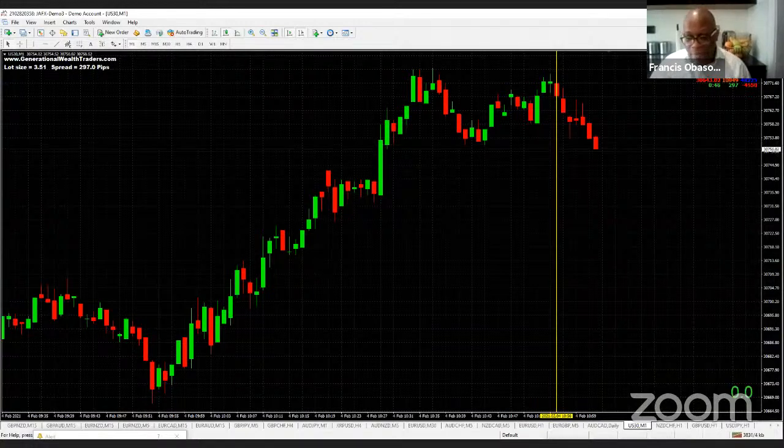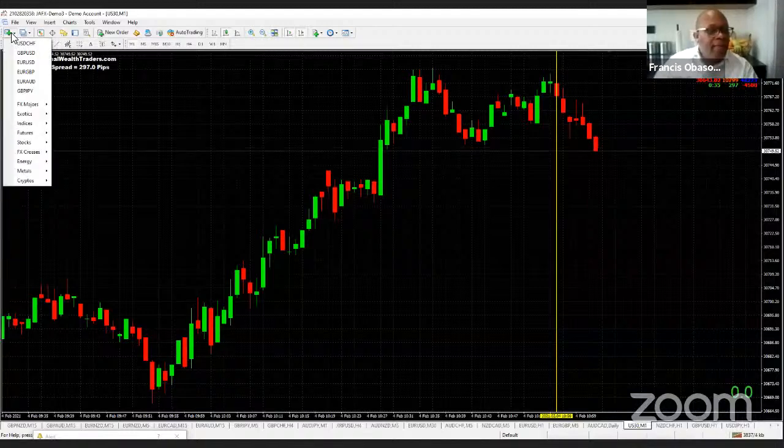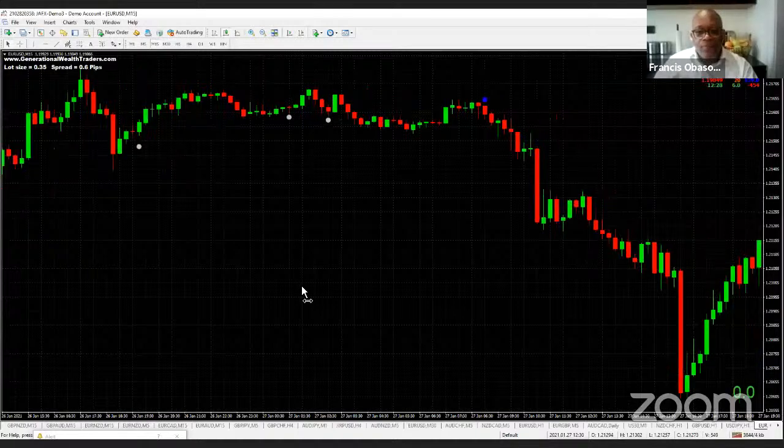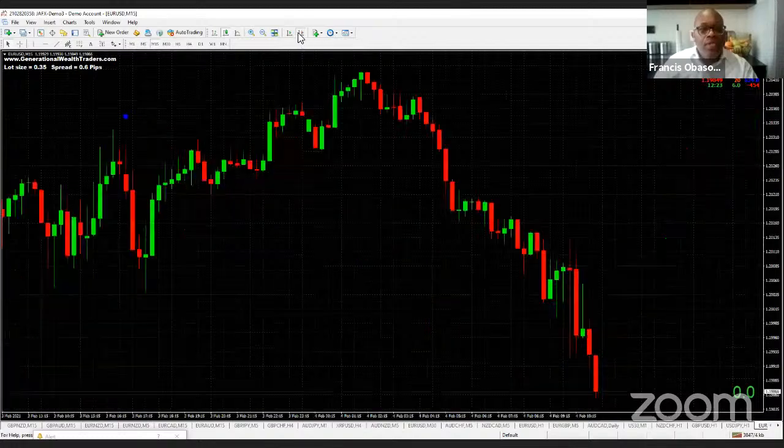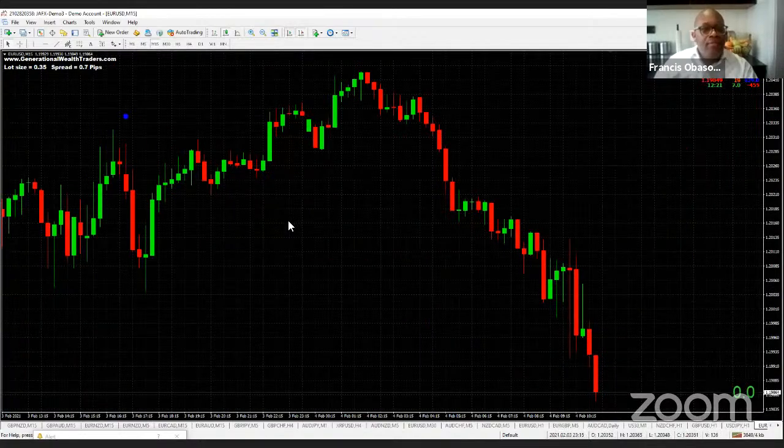So what I am going to be doing now is to pull up one other pair, a very popular pair, the most traded currency pair out there, which is the Euro USD. The Euro USD, that is the euro against the US dollar.